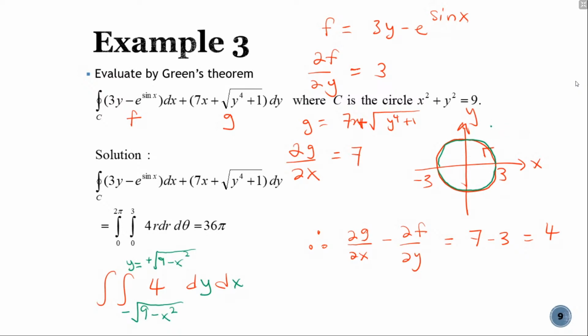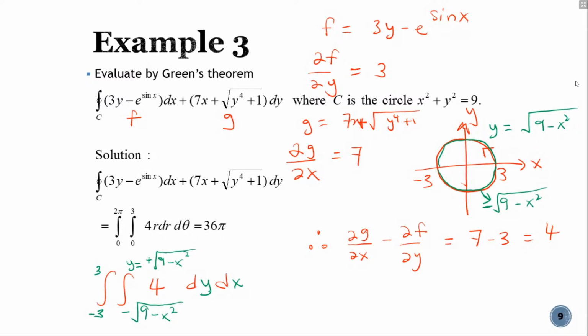So you need to put y from negative square root of 9 minus x squared to positive square root of 9 minus x squared. And then for x, just take the numbers from negative 3 to 3. So this is the function that you need to integrate.